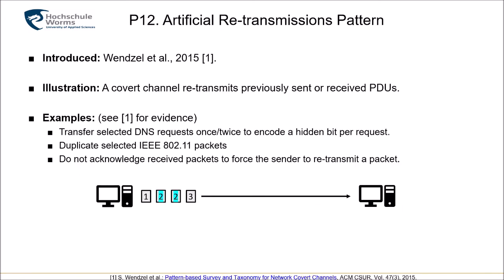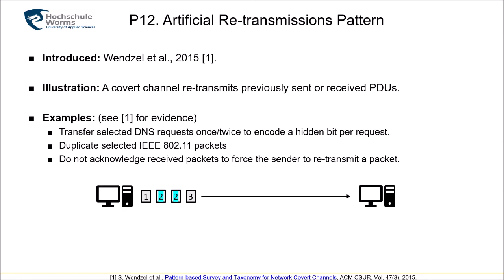Artificial retransmission pattern is one where the covert sender sends a message at least twice or multiple times to indicate a hidden message. For instance, it's common that DNS requests are sent multiple times because the reply got lost or the packet itself got lost.